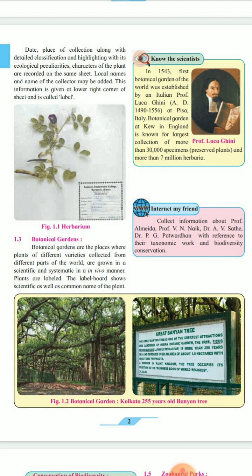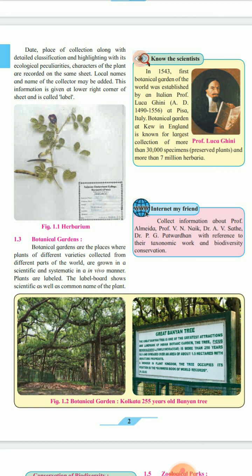Okay, so this banyan tree has increased so much that it has covered a maximum of 1.5 hectares of the botanical garden, it is spread so much. And how many years old is it? 255 years old.